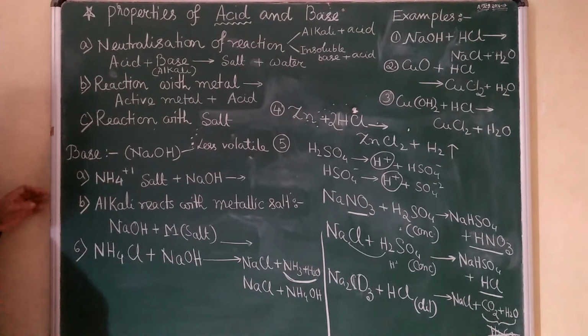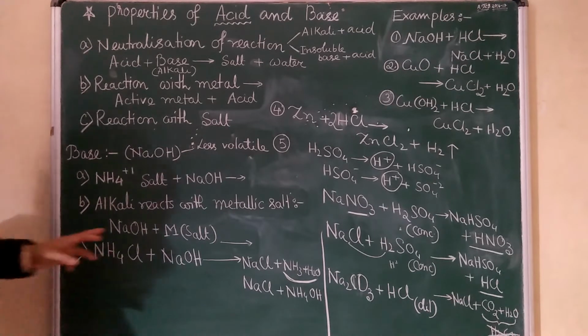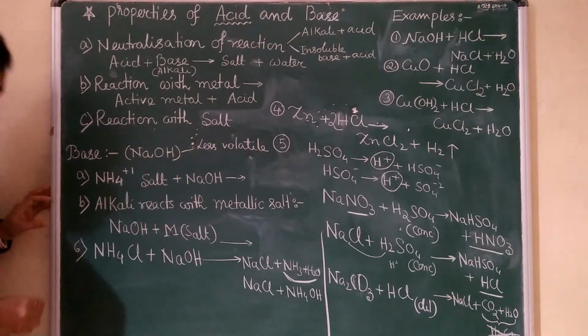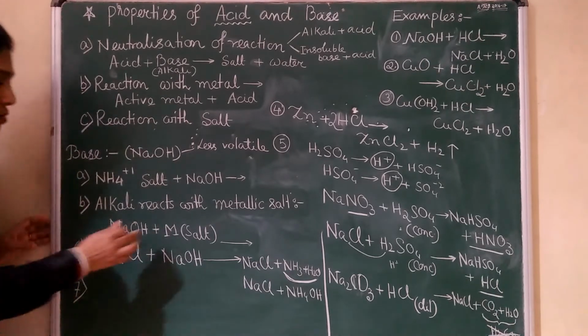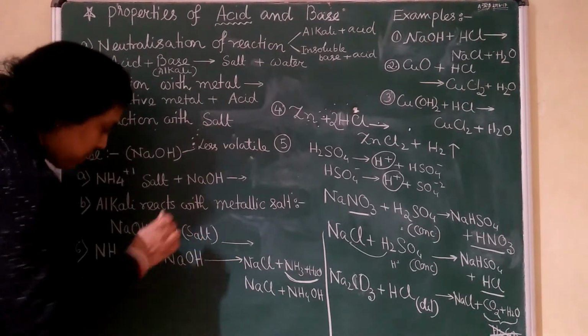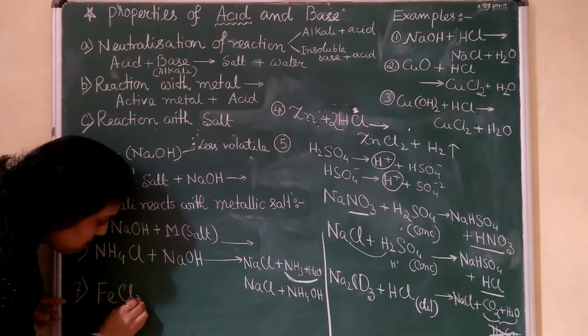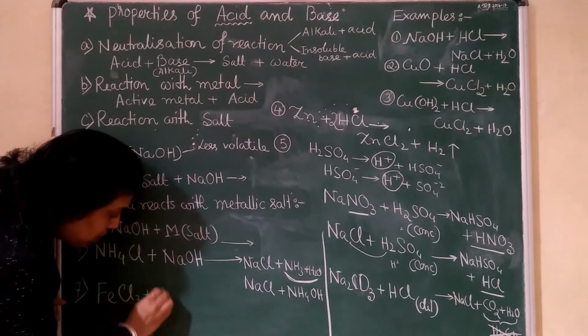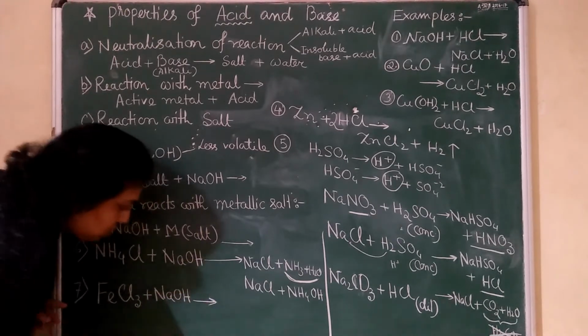And the last one: any salt when treated with NaOH, you will get a precipitate. The metal in the salt will be precipitated out as hydroxide. So if it is FeCl3, FeCl3 plus NaOH, then what will it be?